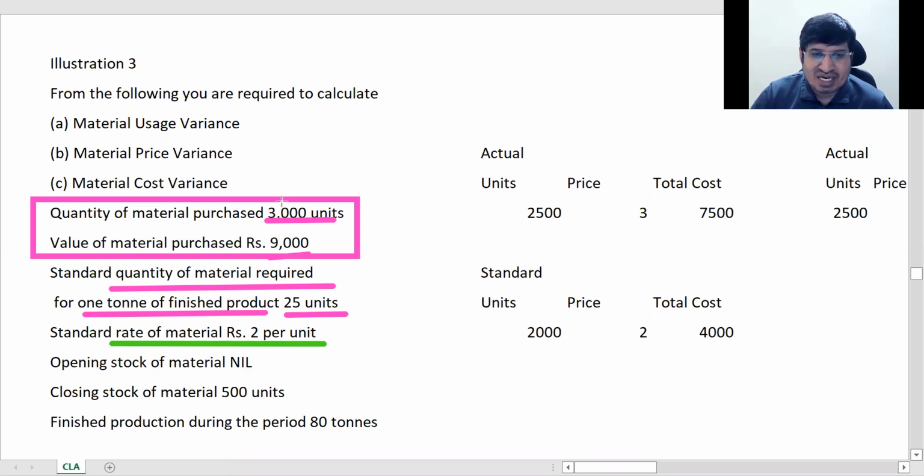Here we know what is happening in actual. 9000 upon 3000, you know that it is 3 per unit. Okay, but standard rate is 2 per unit. Now opening stock is nil, but closing stock is 500. Okay, so we will not calculate variances for closing stock. Why don't we calculate variance of closing stock? Because you will get to know the yield variance and all that only after the manufacturing activity is done, right? Mix variance, whatever. So that's why you cannot take it out, but yes, you can find the price variance.